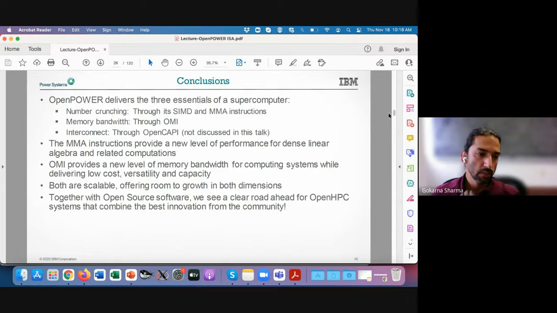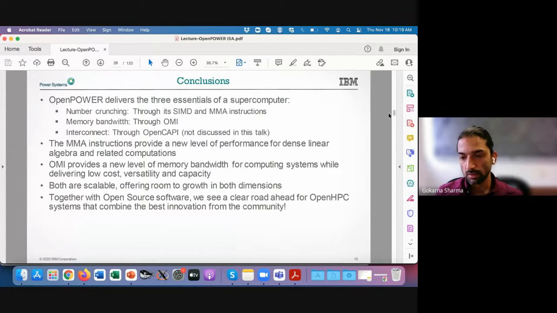So this matrix multiply assist instructions provide a new level of performance for dense linear algebra and related computations. Okay, so you could see that you could exploit those features to expedite the computation. We did not talk about how much benefit the accumulator based computation gives for matrix multiplication compared to individual computation.